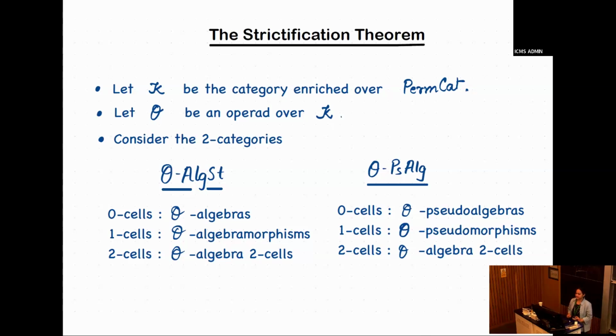So let K be the category of categories enriched over Permcat, that's a typo, and O be an operad over K. And we now consider these two categories. O-Alg-St, where the 0-cells are O-algebras, 1-cells are O-algebra morphisms, and 2-cells are algebra 2-cells. And O-Ps, where the 0-cells are O-pseudo algebras, 1-cells are pseudomorphisms, and 2-cells are algebra 2-cells again.